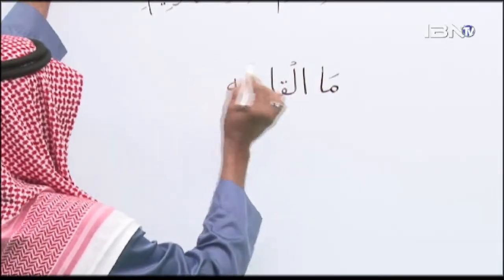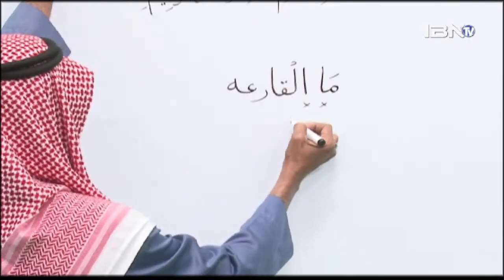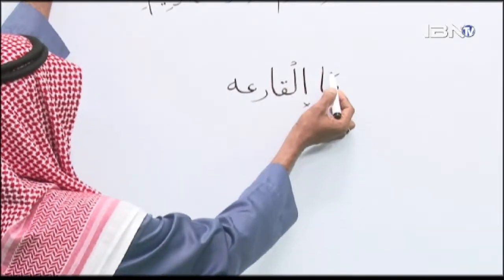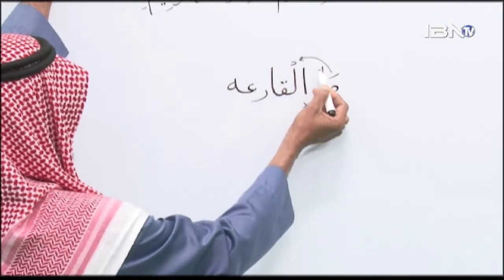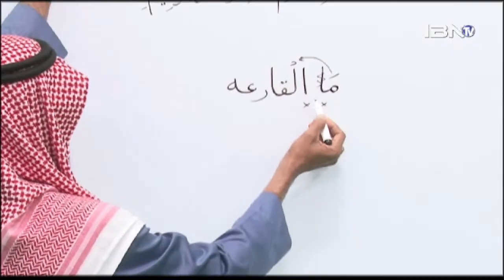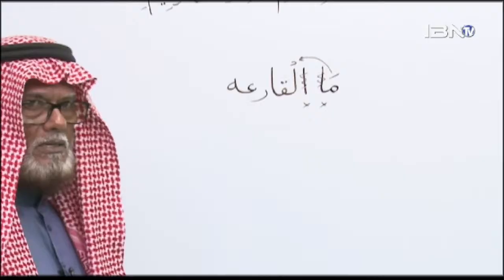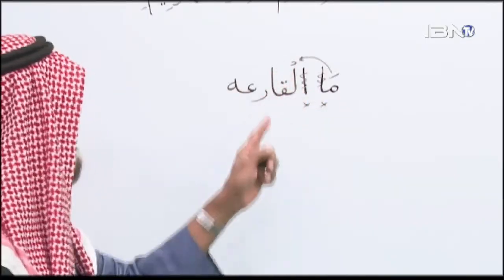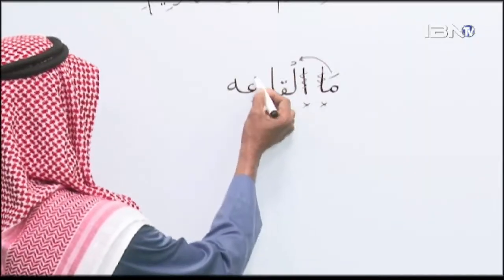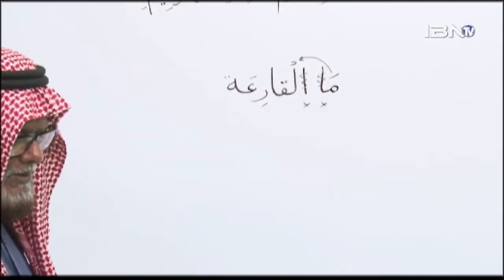No. This alif now will become silent. This one is already silent. So we just say mal, like this alif does not exist. It has to be written, it must be written, but it is not pronounced. So we just say mal qari'ah. Mal qari'ah.